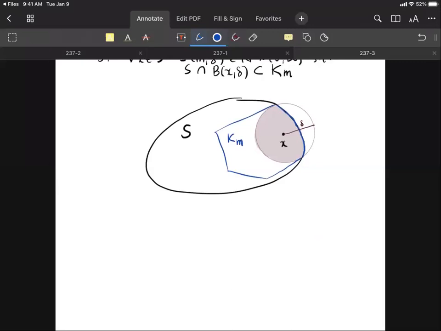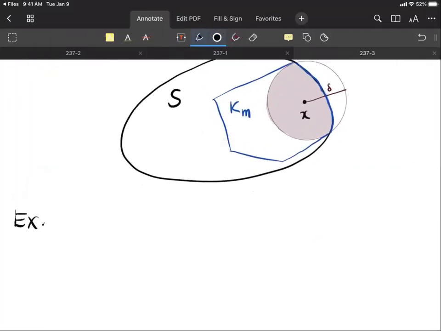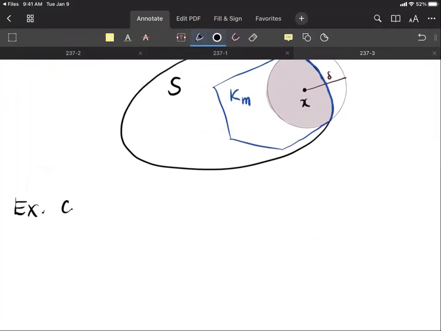Examples, of course: any compact set has an exhaustion.